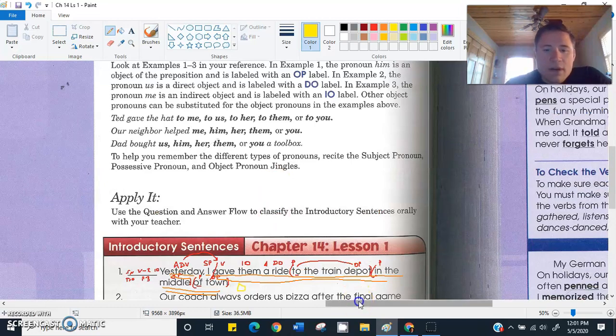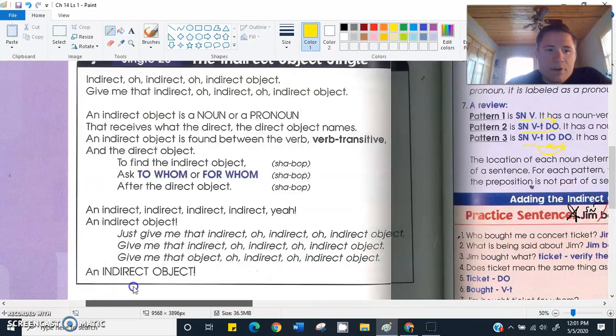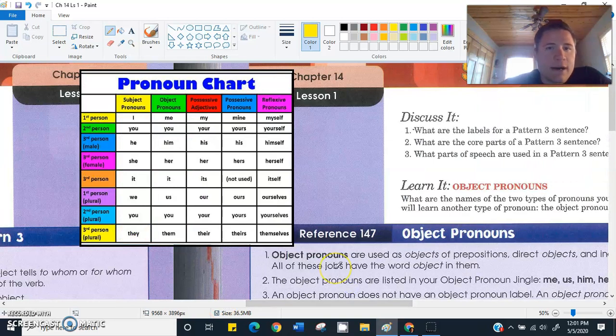Now I'd like to talk about what an object pronoun is. See, I put a little colorful chart right here. I used this for 5-6 as well. It's a good review of all the different types of pronouns, and we aren't going to really learn these. We just reviewed a little bit of these because we had the first person possessive plural pronoun in those sentences.